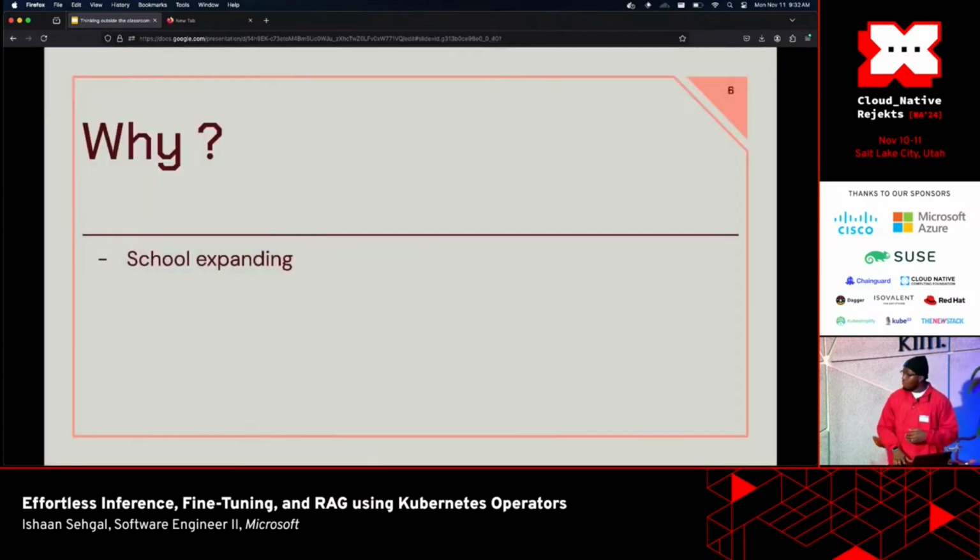So the why. This year we noticed my school was expanding and we were having more buildings, and we decided to pause some of the space-related research and take a look at problems in our environment. That was the first reason we started this project.